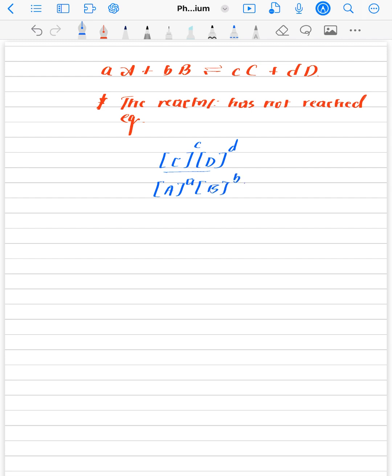Only condition is that what we have said is C, D, A and B, we are not going to consider their concentrations at equilibrium, only this is a change. Okay, so yet the rest of the things are the same. It looks almost like a Kc, but it's not. Here we designate this condition as Qc, where Q is called the reaction quotient.